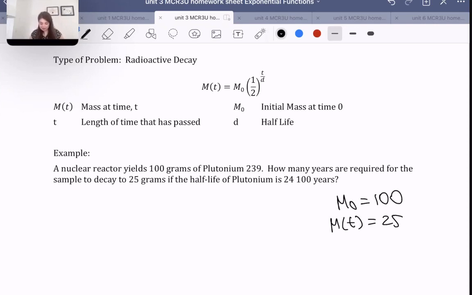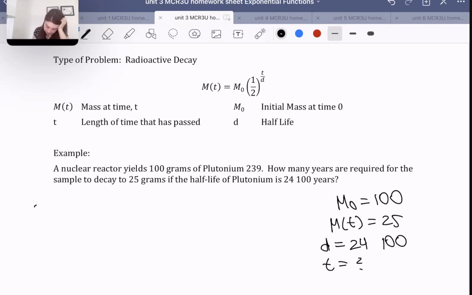And the half-life of plutonium is 24,100 years. So half-life d is 24,100 years. And then t is the thing we don't know, right? They literally ask how many years are required, so they want to know the time. So let's figure it out.